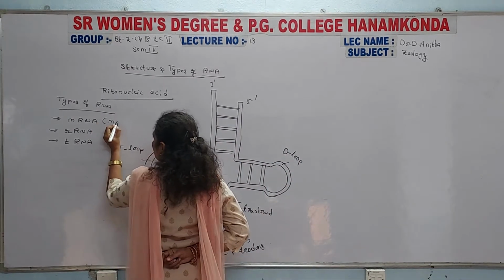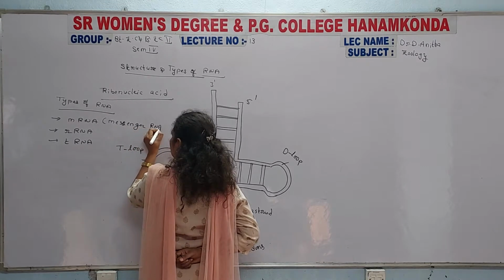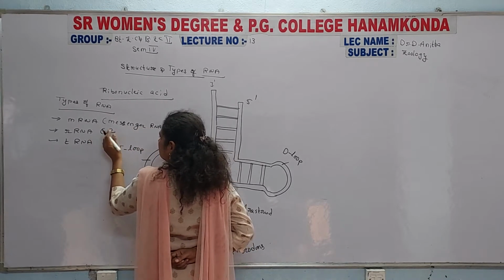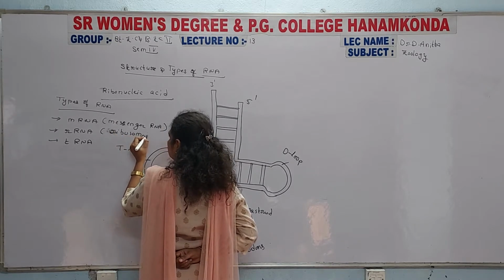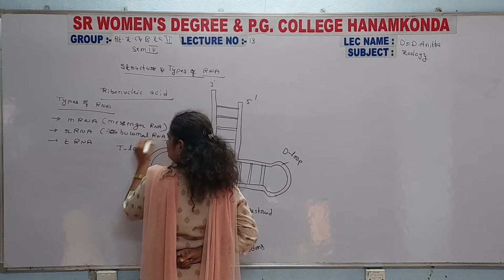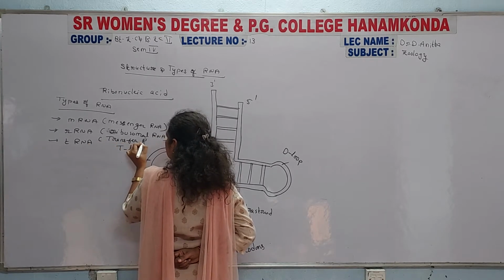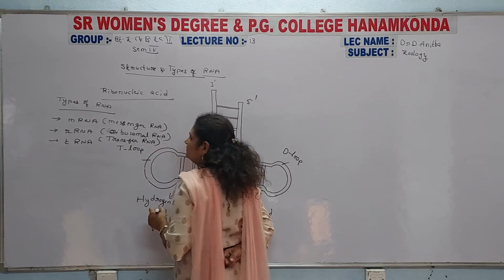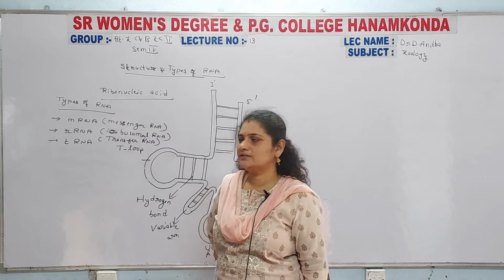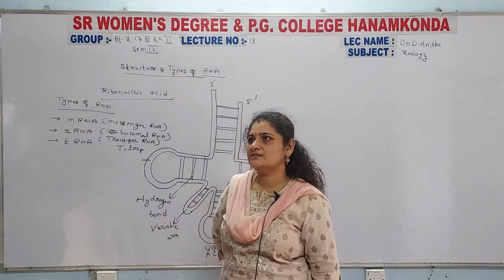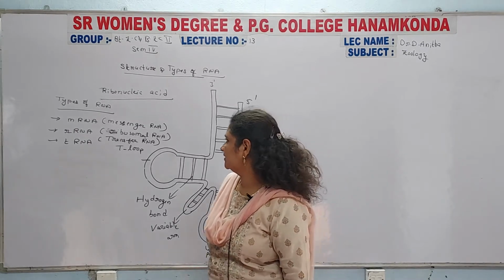That is messenger RNA, ribosomal RNA and transfer RNA. So in these three types, first, mRNA is messenger RNA, rRNA is ribosomal RNA, and tRNA is transfer RNA.